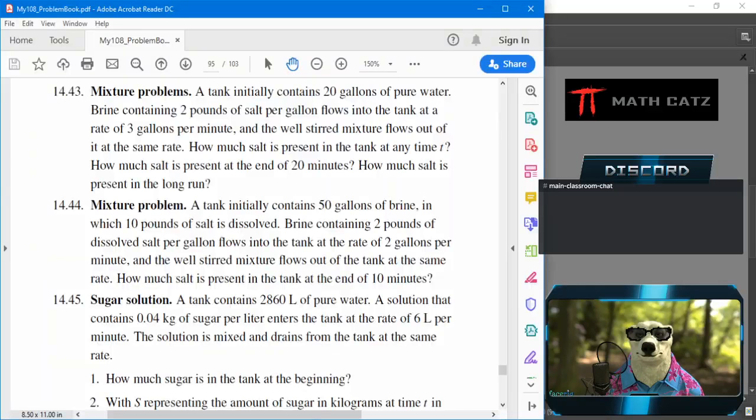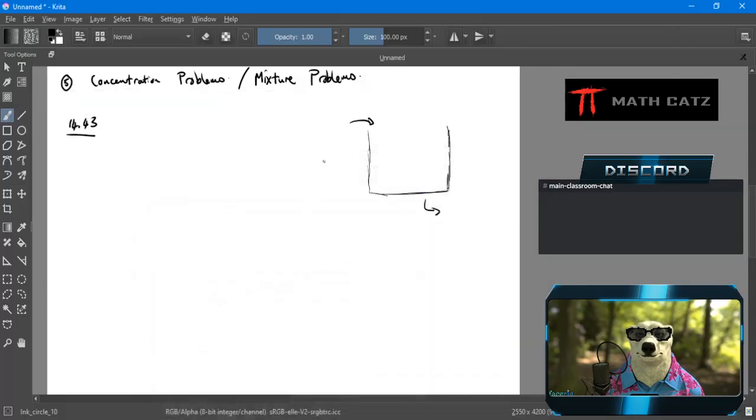In a way, to make it simple, 3 gallons per minute will be coming in, and the mixture flows out at the same rate. So that is very handy to keep things simple. 3 gallons per minute flowing in, 3 gallons per minute flowing out.